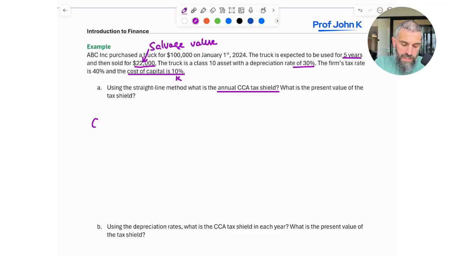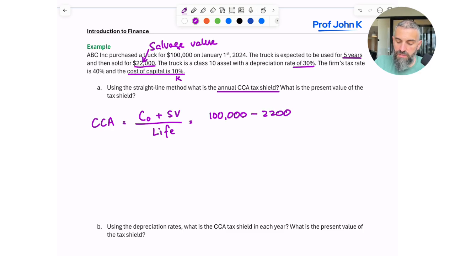Step 1, get your CCA. And for this, we're going to use the cost of the asset minus the salvage value divided by the life, just like you would have done in your financial accounting class. So capital cost, the cost of the asset, 100K, minus the $22,000 in salvage value over 5 years.